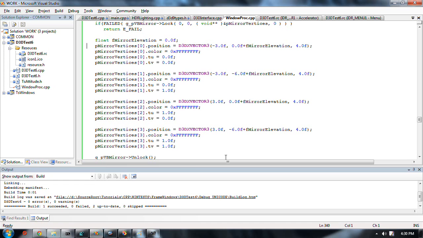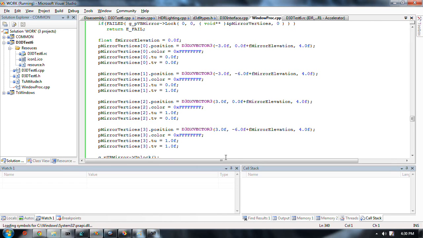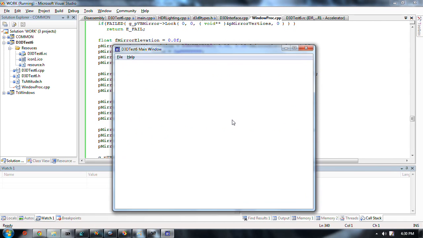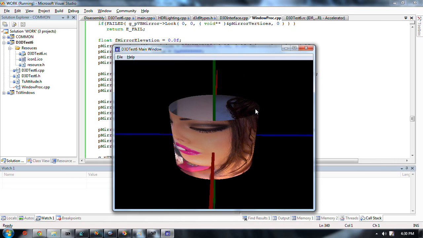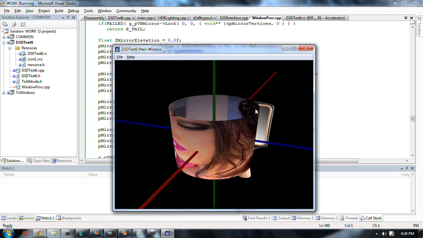If I run this, now I'm going to have to pause it quickly. Okay, now there's the mirror. You can't see it at the moment, but it is there, just below the z-axis, below because everything's upside down.